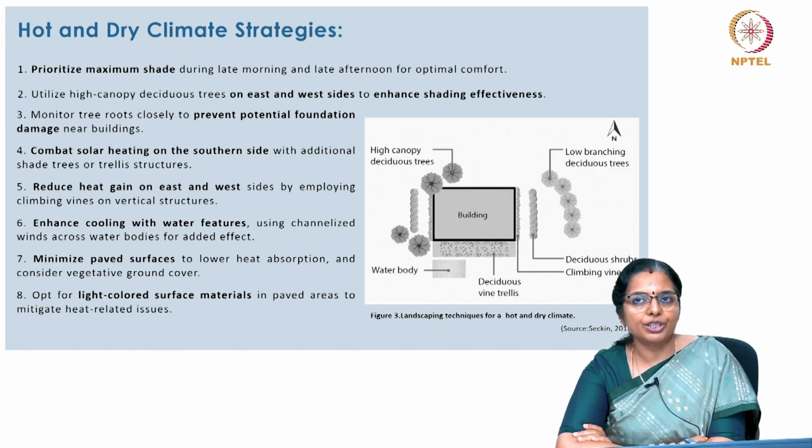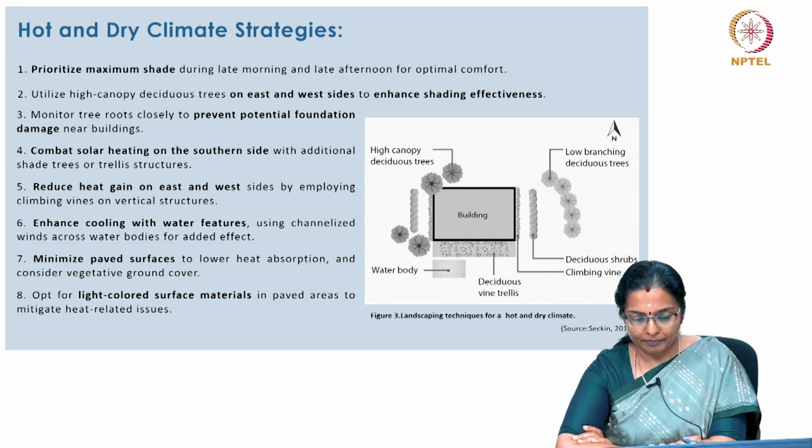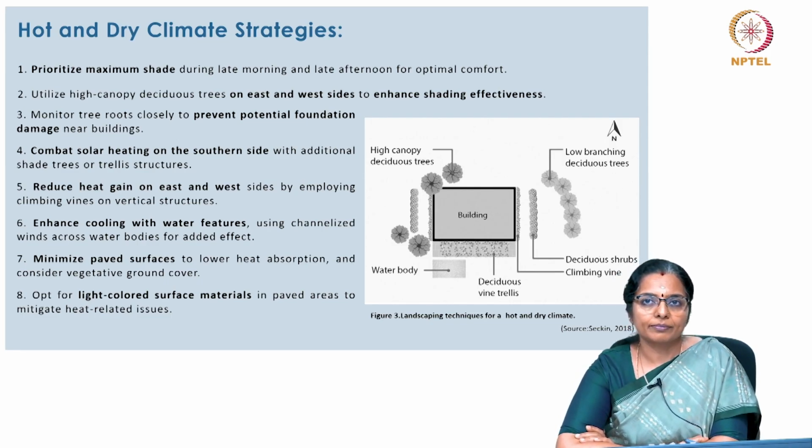Prioritize maximum shade during late morning and late afternoon for optimal comfort. Have the building designed in such a way that it provides shading from the trees during late afternoon and evening. Utilize high canopy deciduous trees on the east and west side to enhance shading effectiveness.